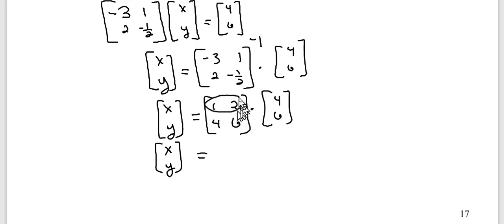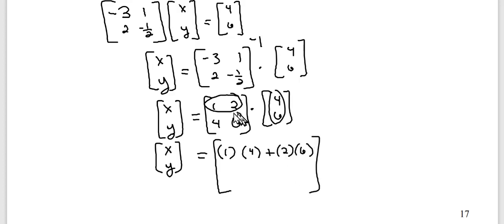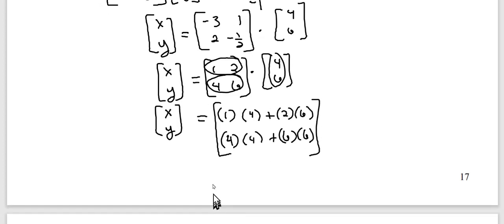Multiply these, remember rows by columns. 1 times 4 plus 2 times 6 will be row 1, column 1. Now I'm going to row 2, so I'm going down. 4 times 4 plus 6 times 6 equals 4 times 4 is 16. 16 plus 36 would be 52.